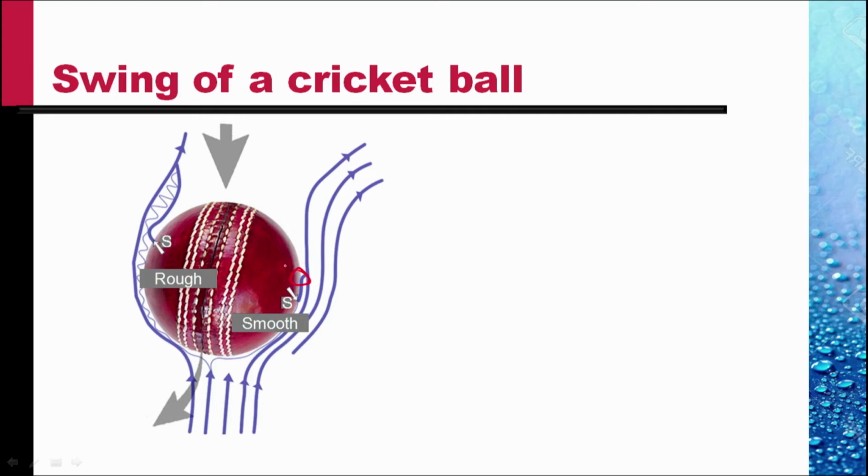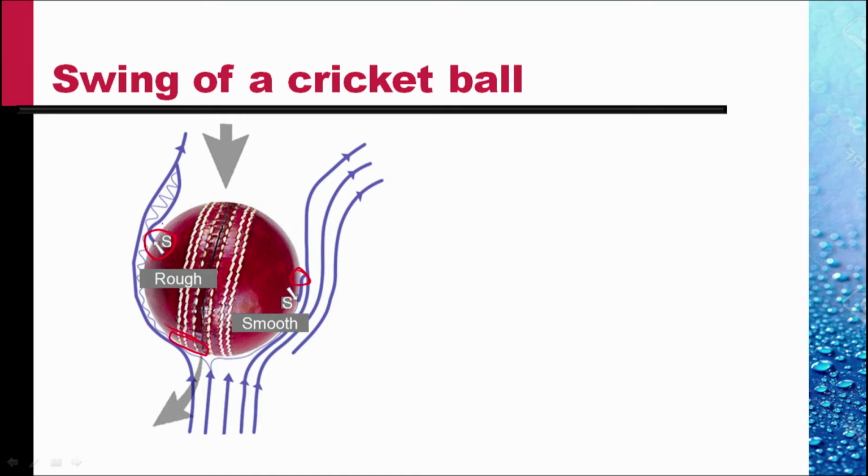However, on the left side, the air has to pass around this roughness element. The seam provides roughness elements. And because of this, the boundary layer becomes turbulent. And once the boundary layer becomes turbulent, the separation point is shifted backwards.